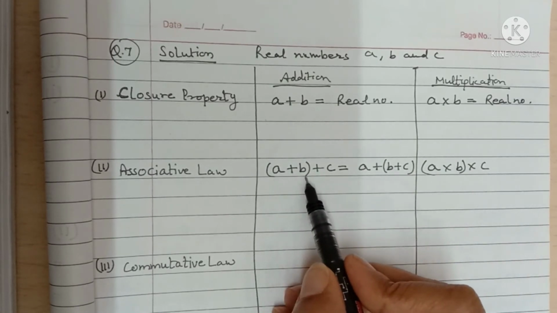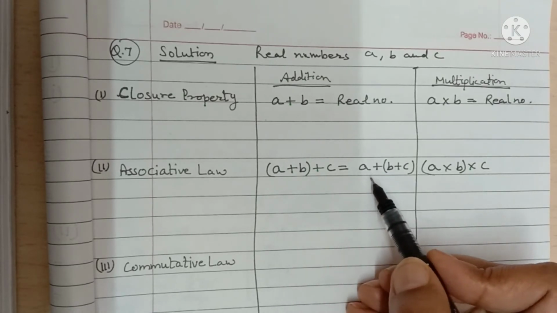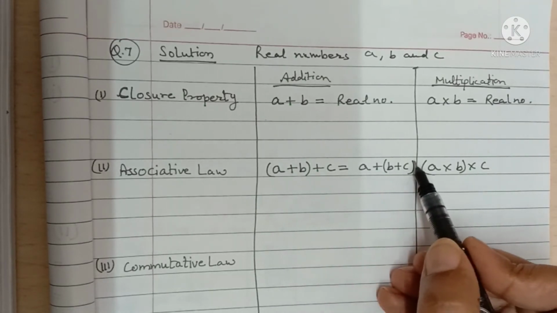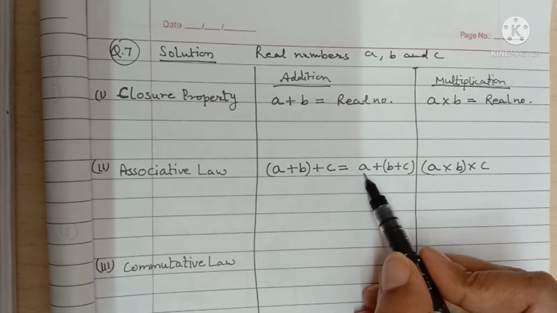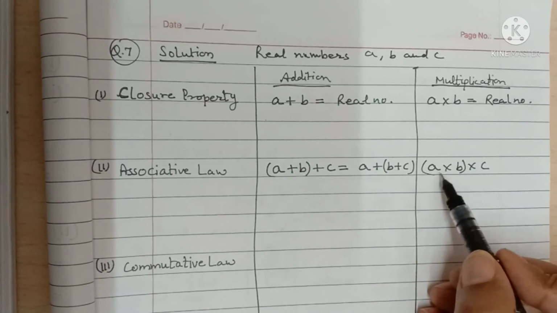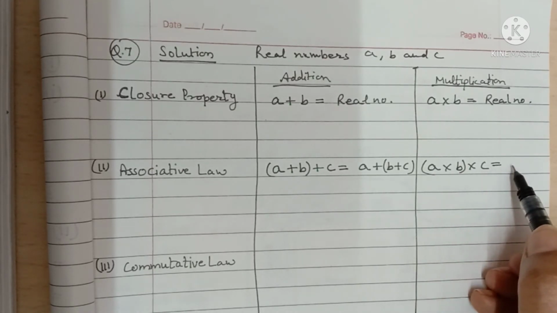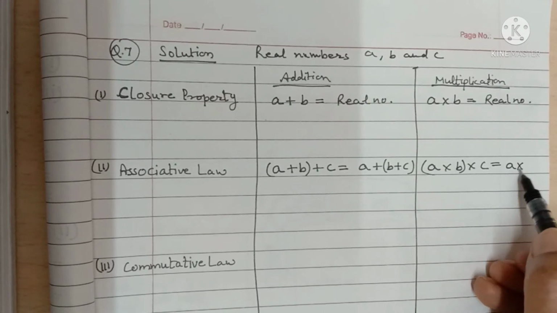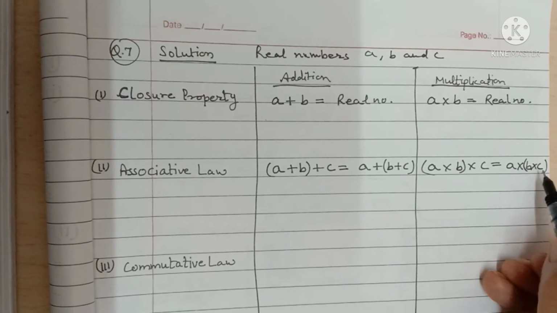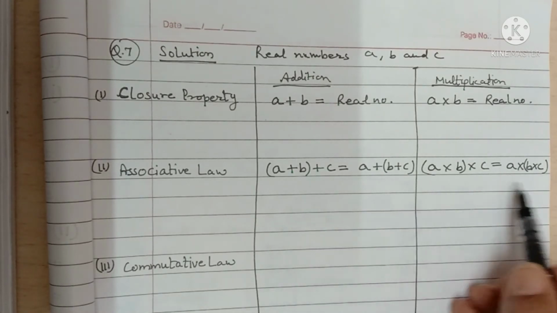So here A plus B are grouped first and then we add C, and we get the same result as when we add B plus C in a group first and then add the third real number A. Similarly for multiplication, if we multiply A into B as a group and then multiply by C, the result will be the same as when we group the second and third numbers first and then multiply by A. So this is the associative law.